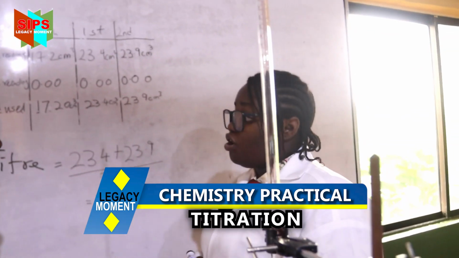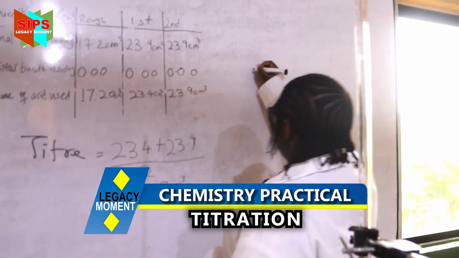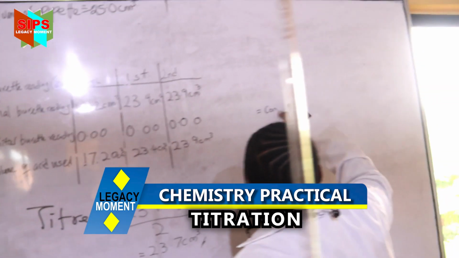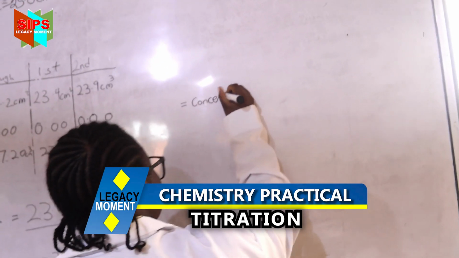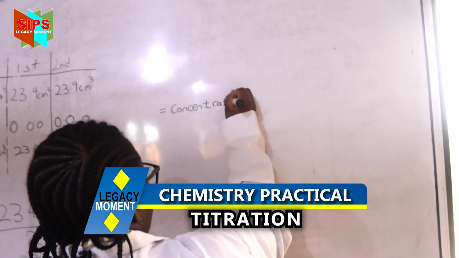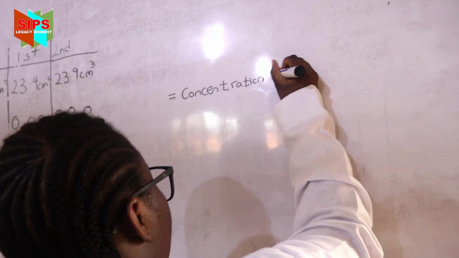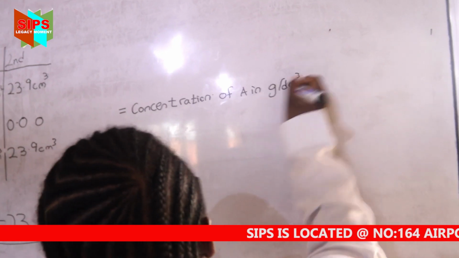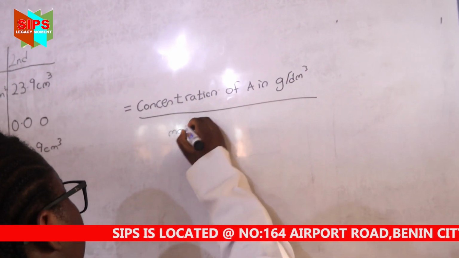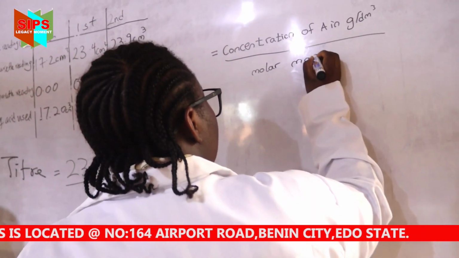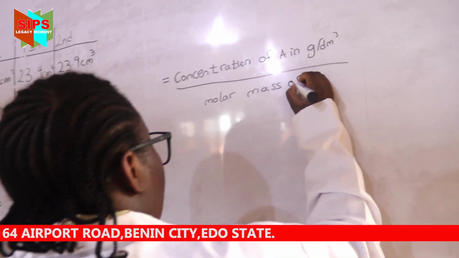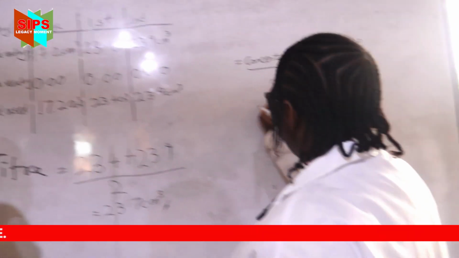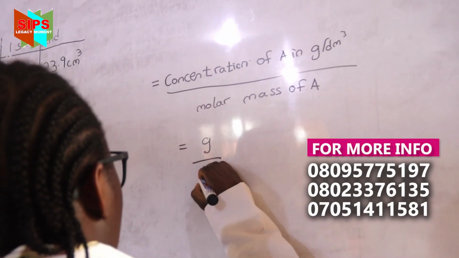The concentration of A in mole per dm cube is equal to the concentration of A in gram per dm cube over molar mass of A. The concentration of A in gram per dm cube is equal to gram over dm cube.